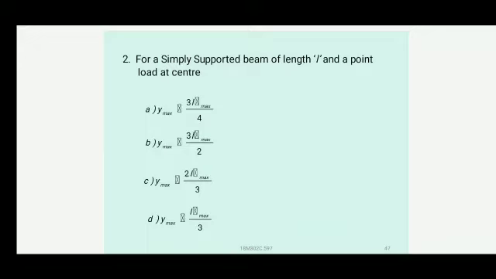So the answer is L theta maxima by 3. D is the answer.